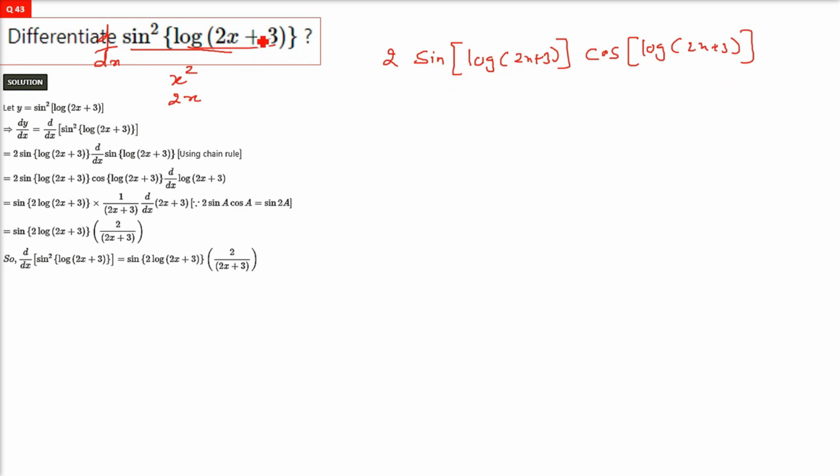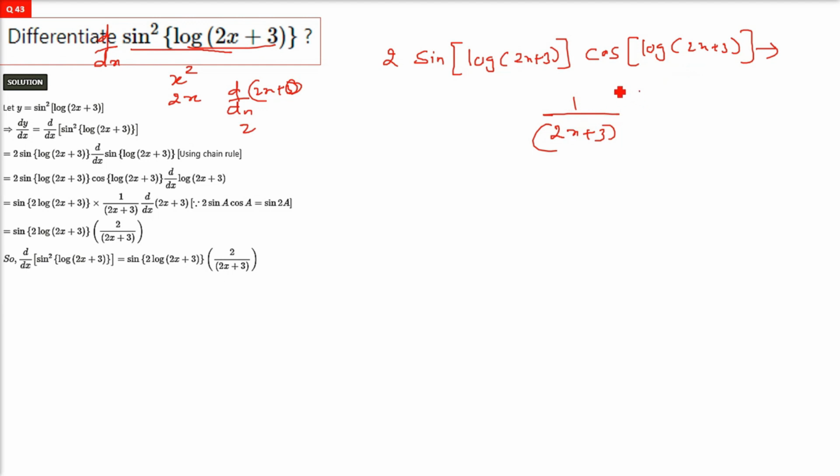It is going to be 1 by 2x plus 3. Please remember, log theta or log x is 1 by x. Now differentiation of 2x plus 3, that is 2, d by dx of x is 1, d by dx of 3 is 0. So you have a 2 here. Okay.